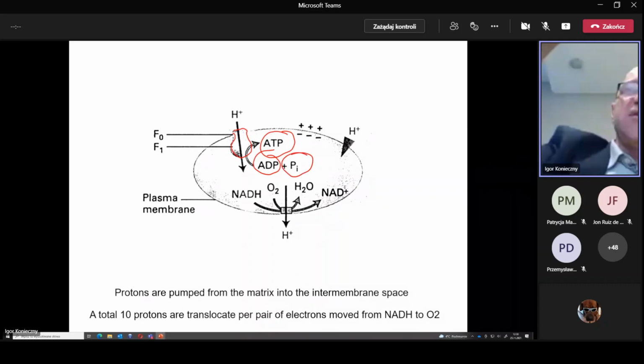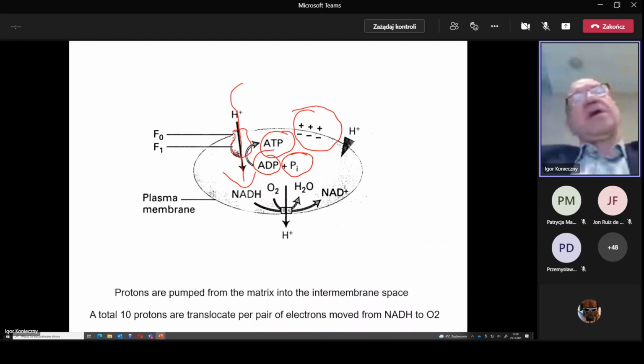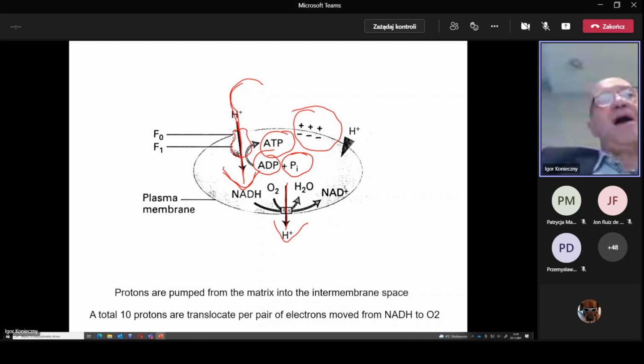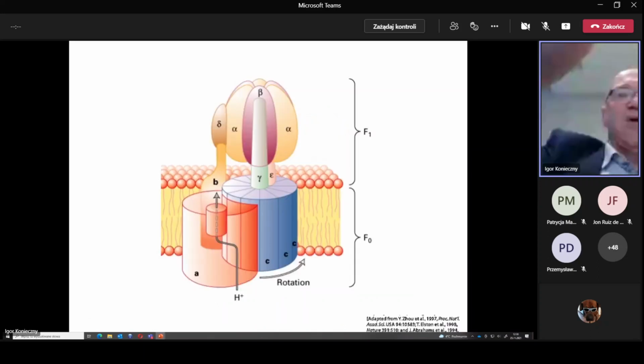And this activity is driven by the movement of protons inside the channel because of this gradient which is formed here. Okay, so protons are pumped outside and then are retranslocated inside the cell or mitochondrion through this ATP synthase, through this channel of this enzyme. So this is the channel, and this is a more generalized structure of a channel.